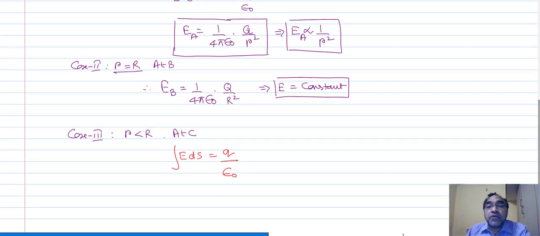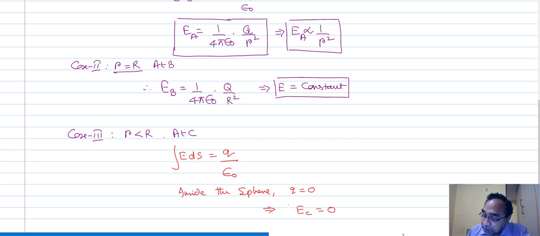Now what will be q for a surface which is inside the sphere? Inside the sphere, q is 0. There is no surface on which the charges can reside. Charge cannot go inside that. Q is 0. So if q is 0, this means E at C is 0.